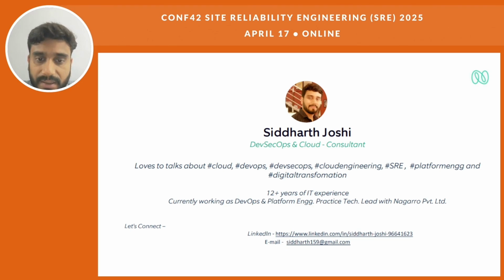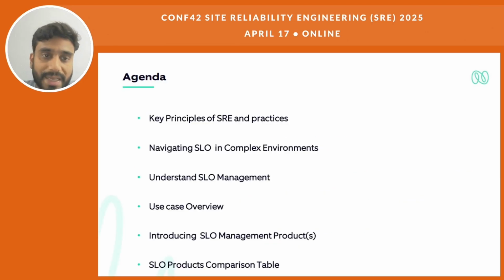So let's start the session. The agenda of today's session is a quick understanding of SREs, their principles and practices. Then we see what challenges we face with SLOs in a complex environment and what our approach should be to solve them. Then we look for the solution by understanding SLO management.